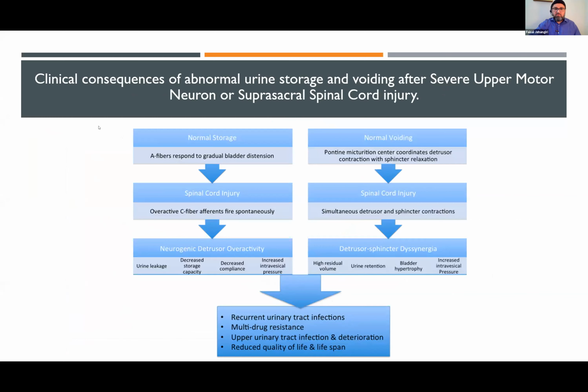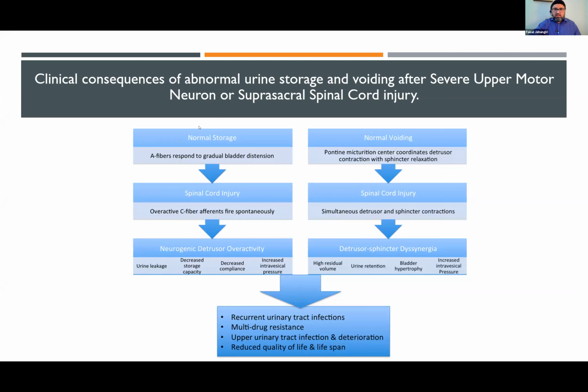There are clinical consequences of abnormal urine storage and voiding after severe upper motor neuron or suprasacral spinal cord injury. So even if those surgical procedures are not pelvic floor procedures, if there's damage to the upper motor neurons which control these muscles, that can have a bad outcome.